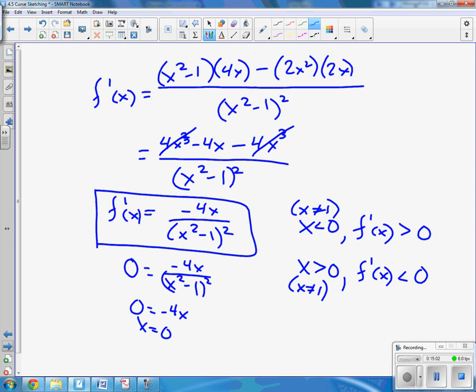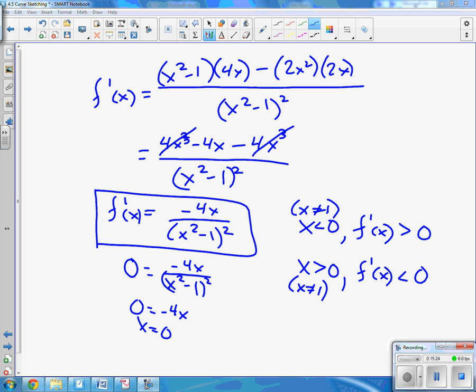I already figured out that it equals 0 when x equals 0. And if I look for where it doesn't exist in the denominator, since all of those numbers are positive, I'm never going to end up with... Sorry.